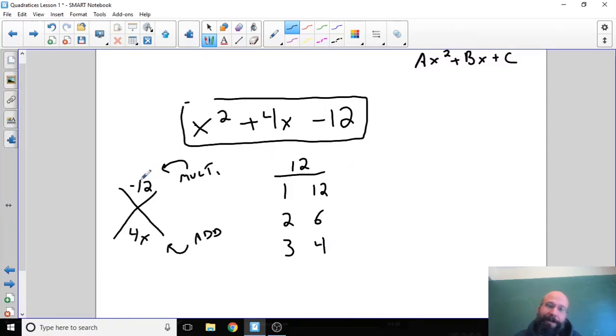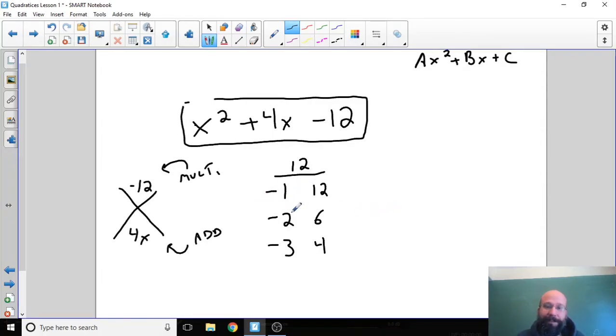We know one of them has to be negative because this is negative 12. But since this one is positive, we know that the biggest number is going to end up being positive. So this is either negative, this is negative, or this is negative.